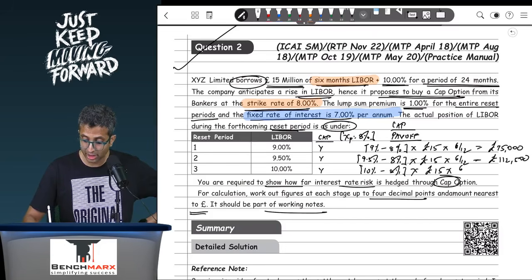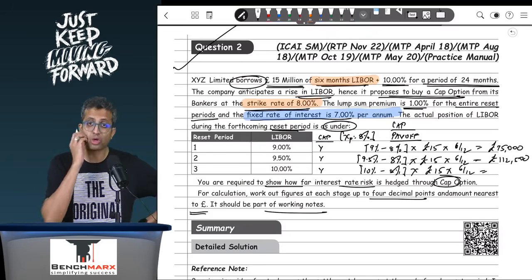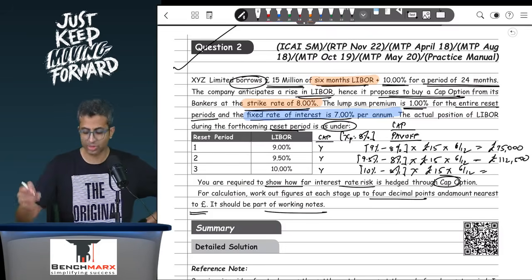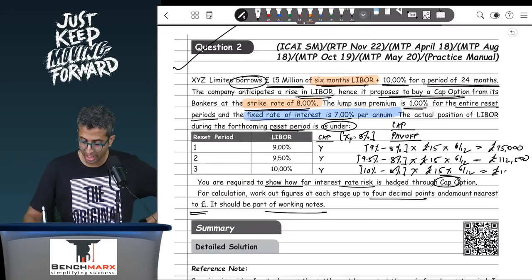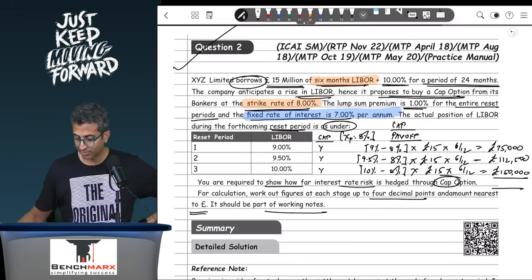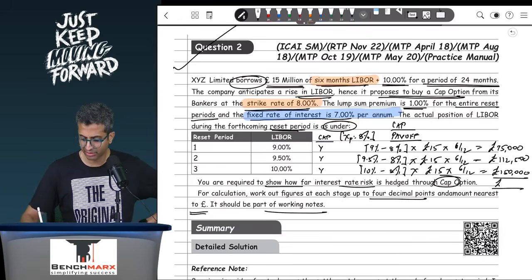Sir, why are you taking into 6 by 12? Because the reset periods are of 6 months each, and hence this is 1,50,000. So due to the cap, over the time period, I will say 75,000 plus 112,500 plus 1,50,000, and hence 337,500 is what I am gaining.